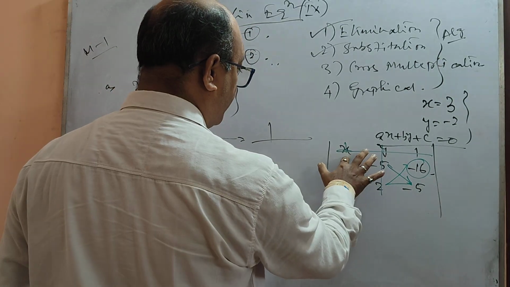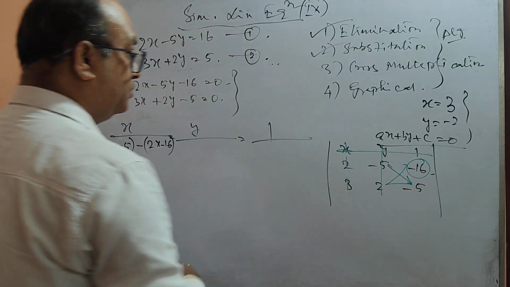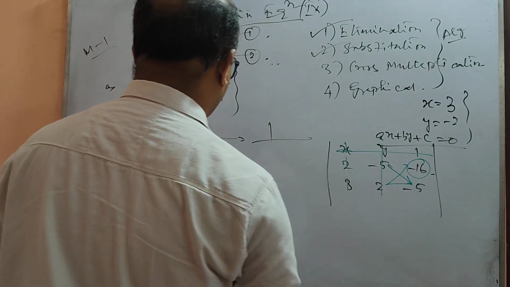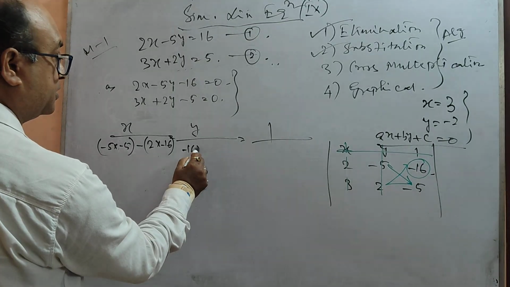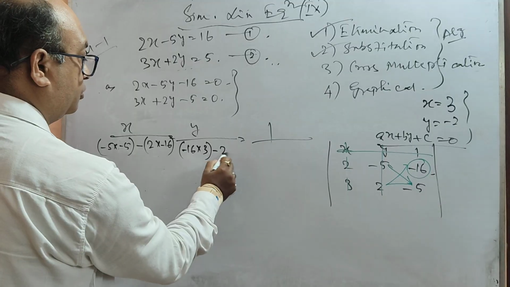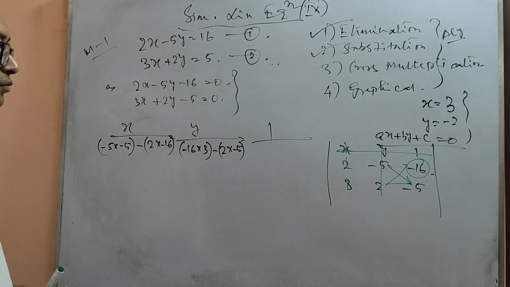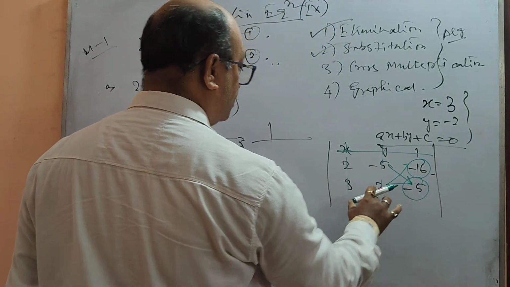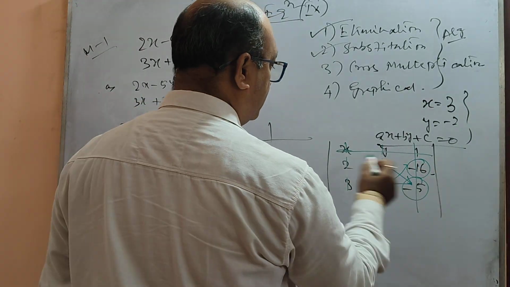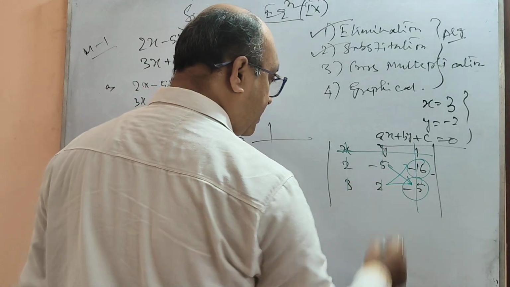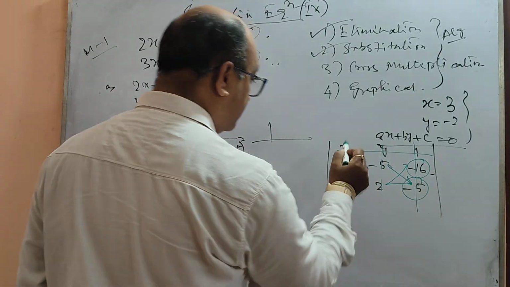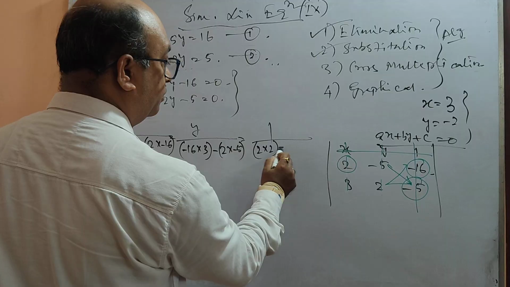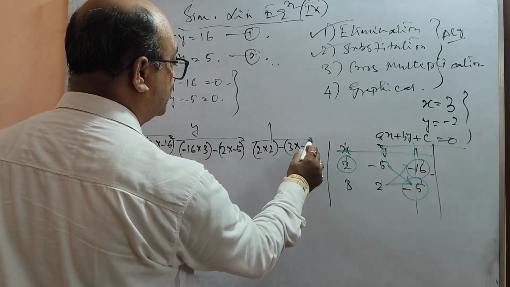Now for y, if I cancel the corresponding row and column of y, these four terms remain: minus 16 into 3, then 2 into minus 5. So minus 16 into 3 minus 2 into minus 5, so we have ended here. But if I consider the corresponding row and column of the constant term, it gets cancelled, so for this situation we start from the first one: 2 into 2 minus 3 into minus 5.